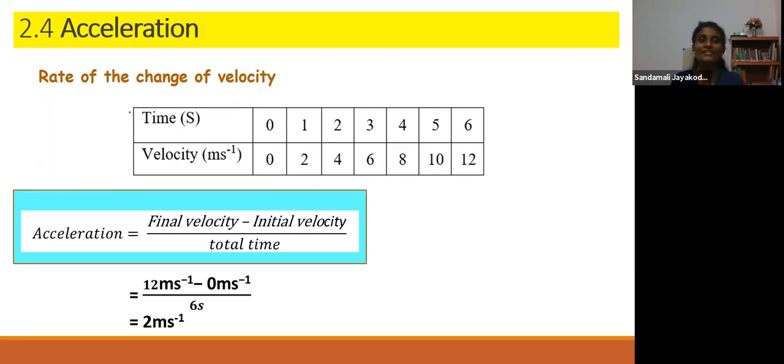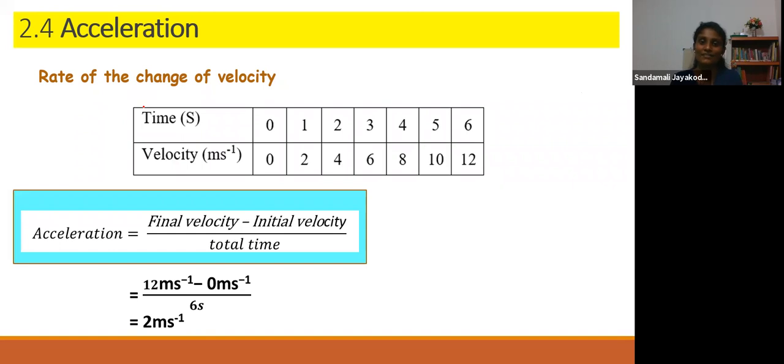Acceleration means, if it is a vehicle or a child or any object, it is going to increase its velocity. When the velocity is increasing, we can find the rate of the velocity increase. The increase or decrease is a change, so we can write it as rate of change of velocity. Especially for acceleration, it is the increment of the velocity.